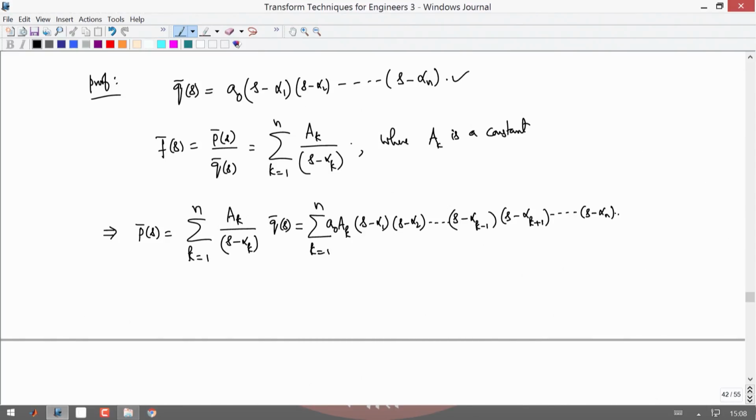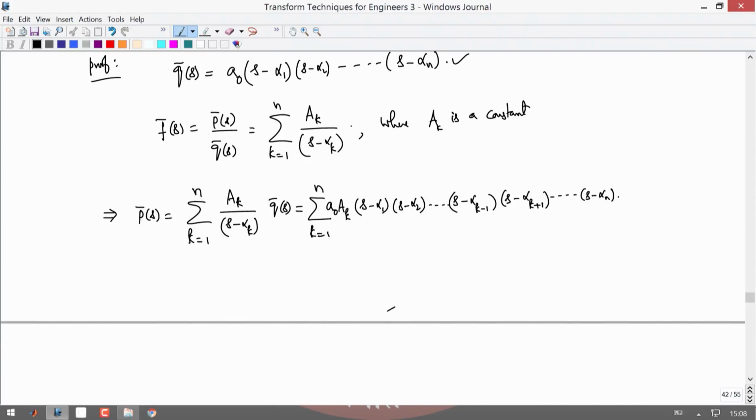This is the expression you will have, where k runs over the summation.